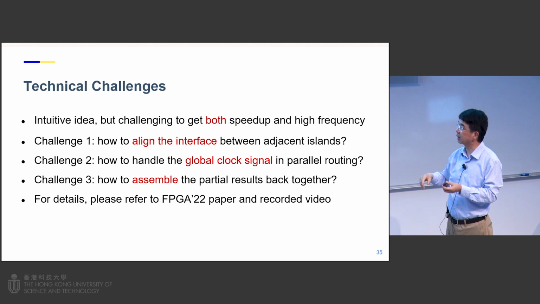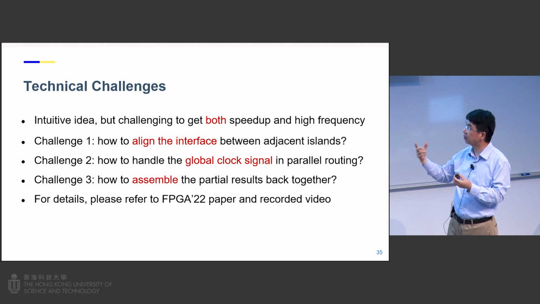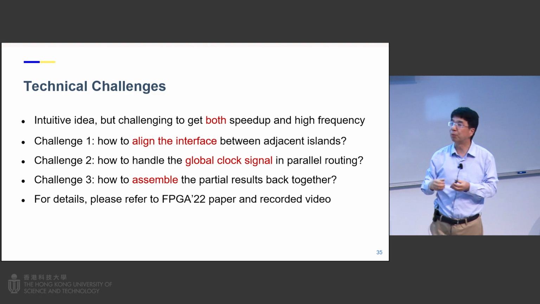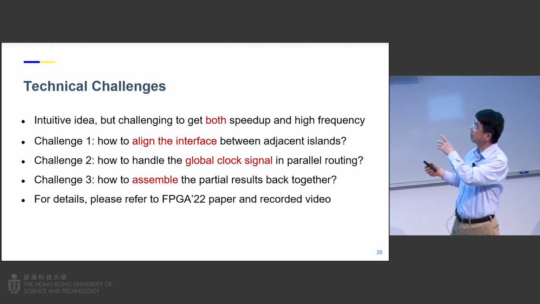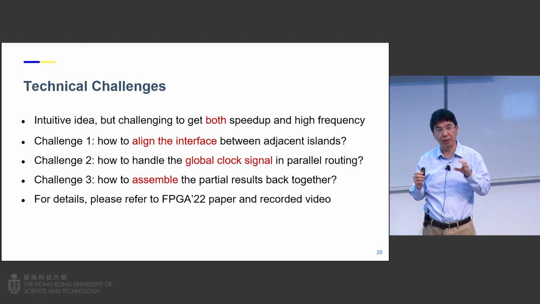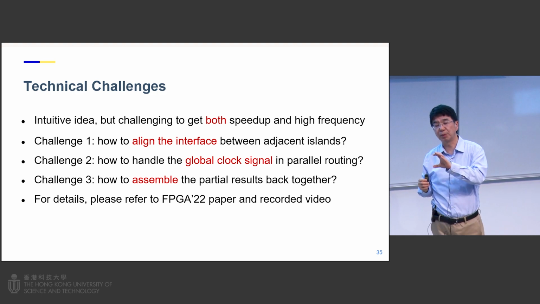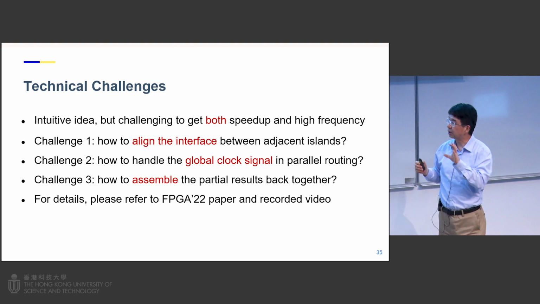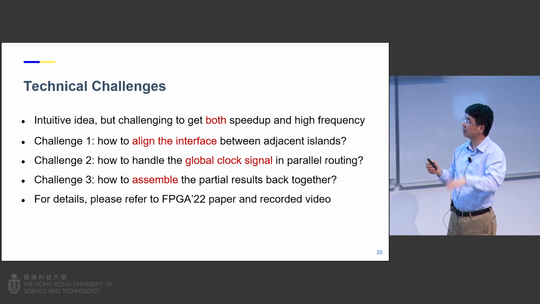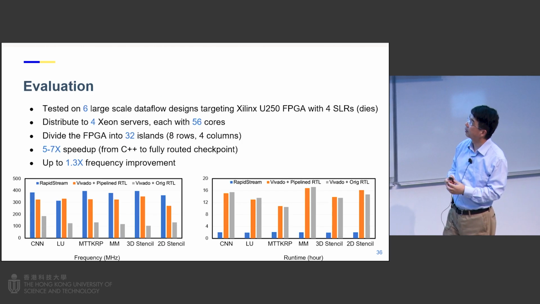I mentioned using RapidWright, but there's also some complication in making sure the timing information gets propagated. All these details you can find in our FPGA 22 paper, but this is the high-level idea: optimizing each region independently in parallel, and deciding space and time together.